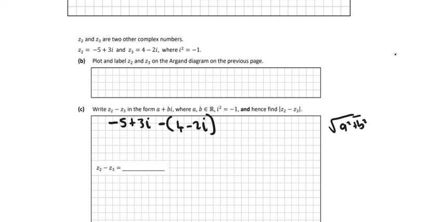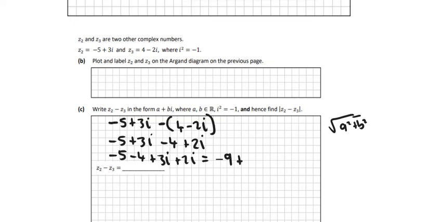Because you're subtracting -2i, it turns positive, it's like minus minus 2i. So it'll be -5 plus 3i minus 4 plus 2i. Therefore we put the real parts and the imaginary parts together: -5 minus 4 plus 3i plus 2i. Remember the sign in front stays with it. -5 minus 4 will be -9, and 3i plus 2i will be 5i. So -9 plus 5i.